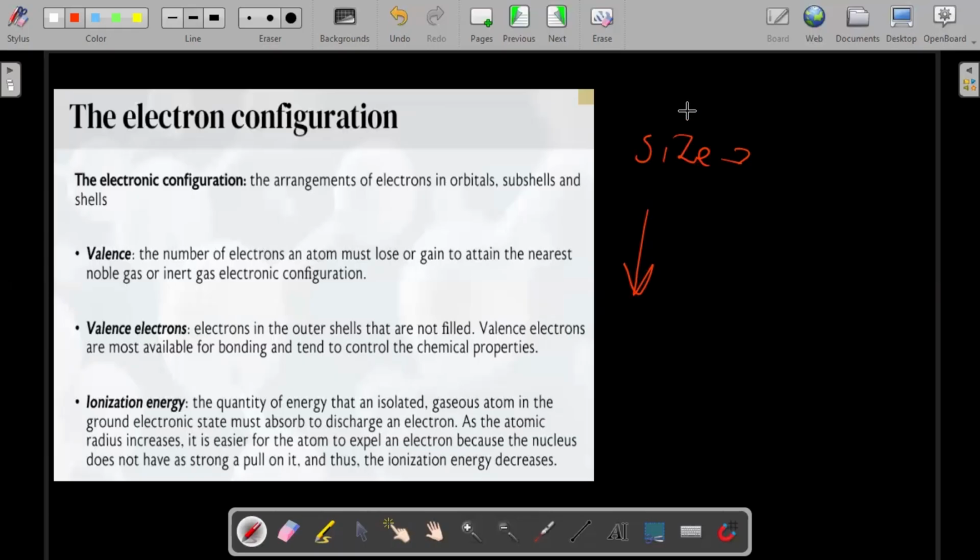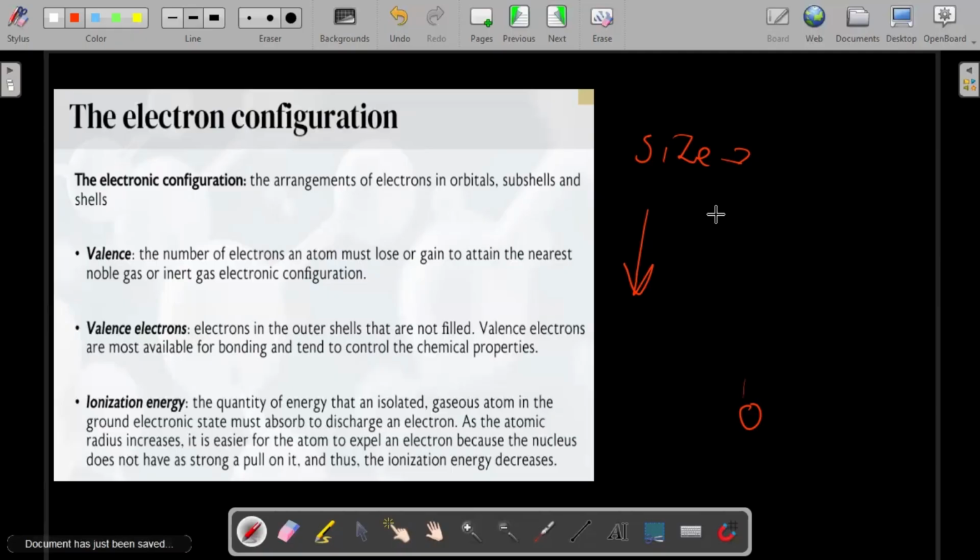As you are moving down the group, the ionization energy decreases because the size of the atom, the atomic radius, is becoming big. The elements in the first period are small in size compared to those in period 6. So as you go down the group, atomic radius increases, then ionization energy reduces.